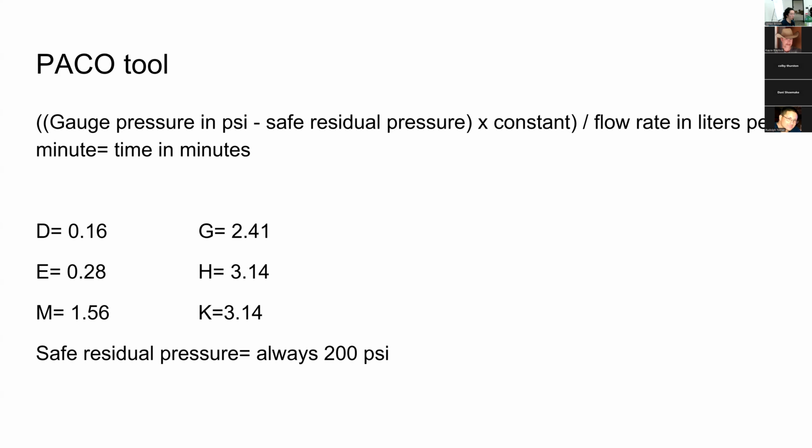So your gauge pressure is 1,000. You have a D tank and you're running at 15 liters per minute on this patient.